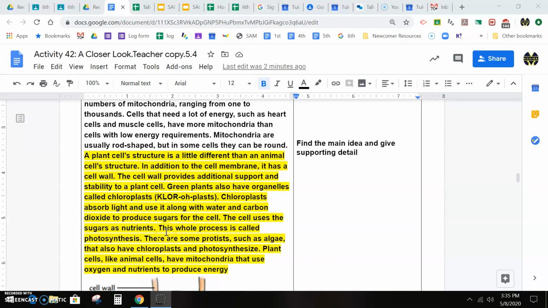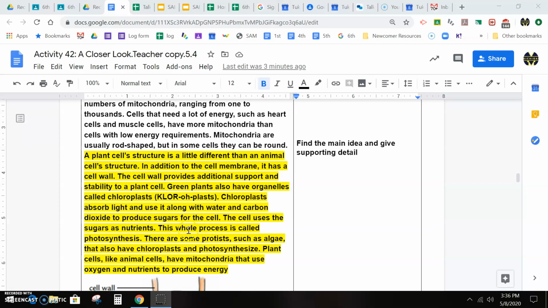The standard we're going to be working on all through the month of May is focusing on the structures inside of a cell. That means the parts of a cell, and their functions. That means their jobs.